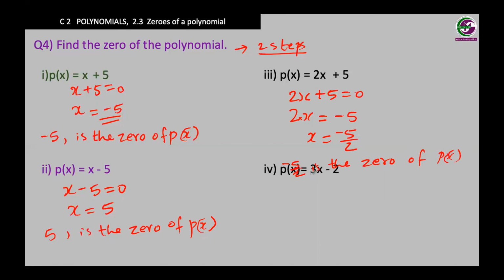Now, next one is p of x is equal to 3x minus 2. Again, we rewrite 3x minus 2 is equal to 0. 3x is equal to 2. Minus 2 changes to 2. Or x equal to 2 by 3. So we can write 2 by 3 is the 0 or root of the polynomial.